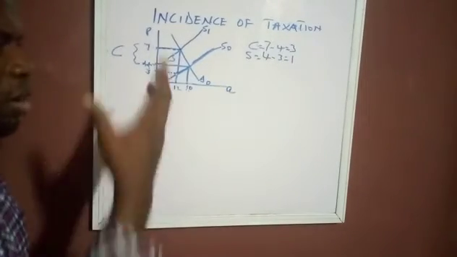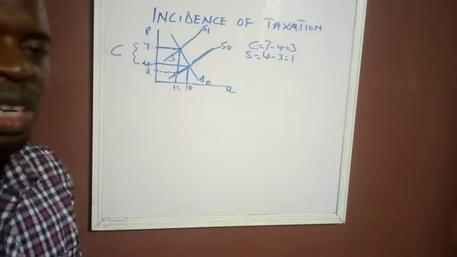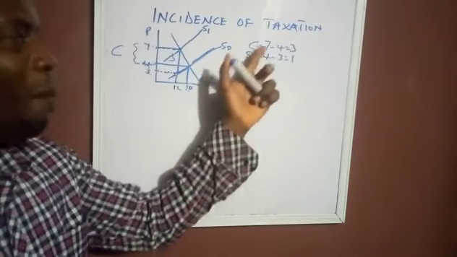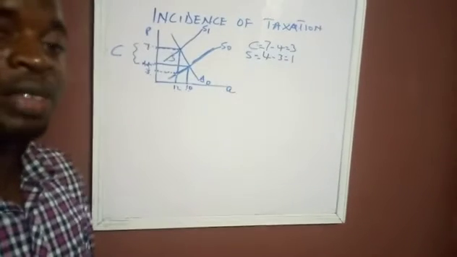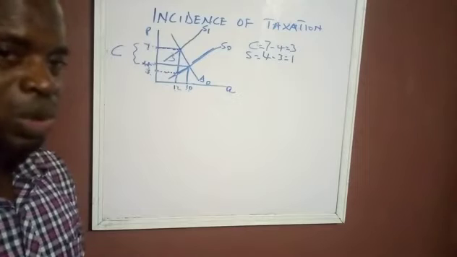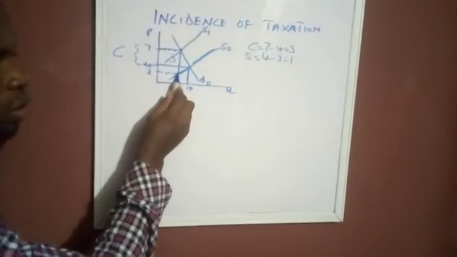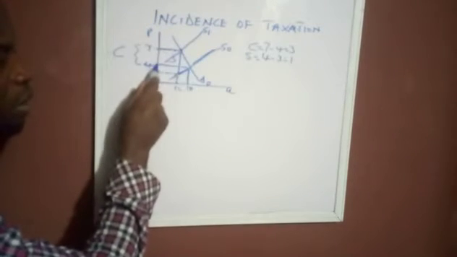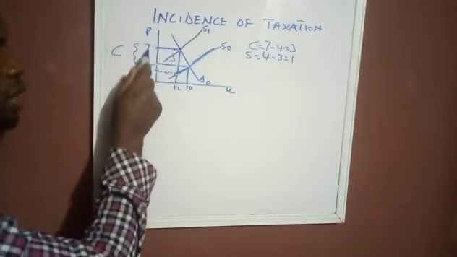So if you draw your graph like this, you can simply know that when the good in question is fairly inelastic, the consumer pays more than the producer, although both of them share the incidence, both of them bear the burden. That is what we are looking at. Because the burden they bear starts from S1 to S0, the consumer will start from the first equilibrium here to S1, which is 7 to 4.